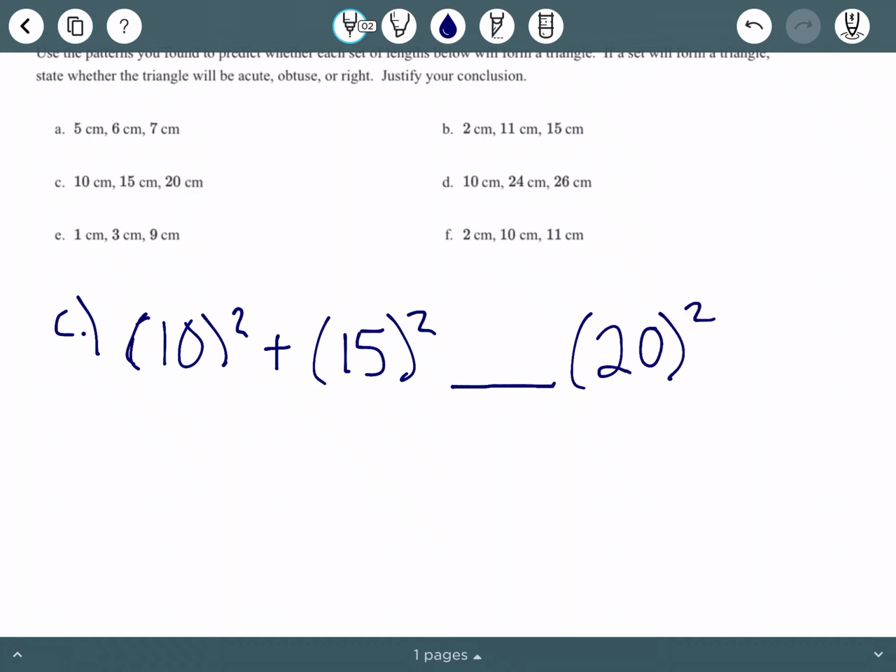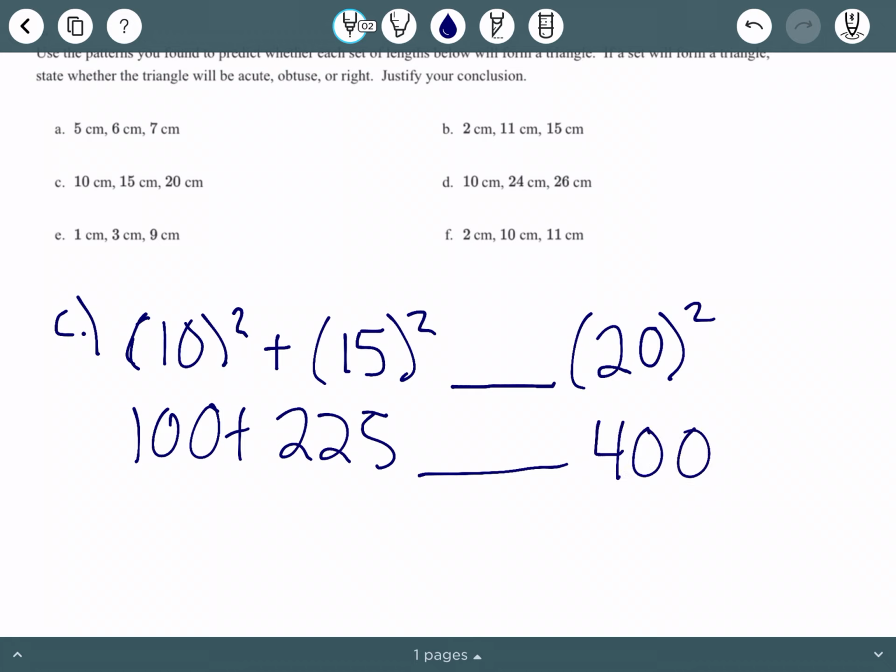So 10 squared is 100. 15 squared is going to be 225. Again, I don't know whether it's greater than, less than, or equal to, and 20 squared is 400.